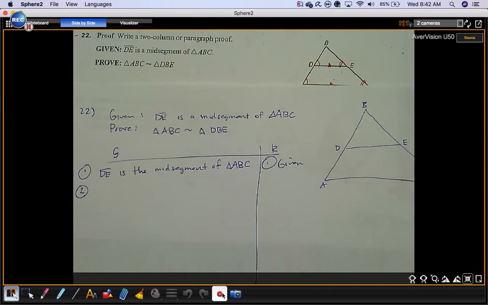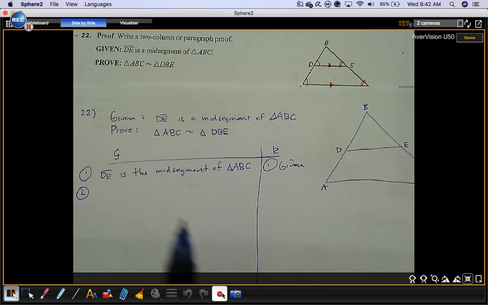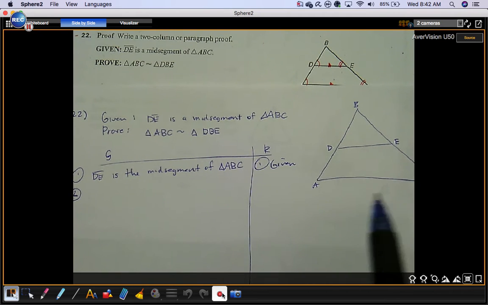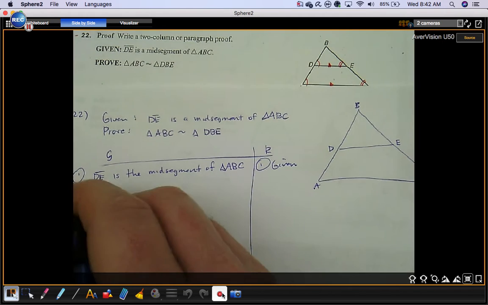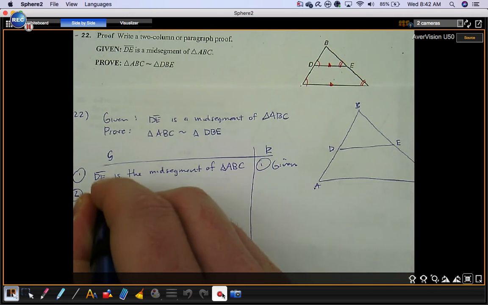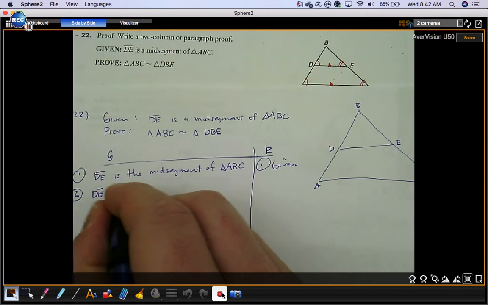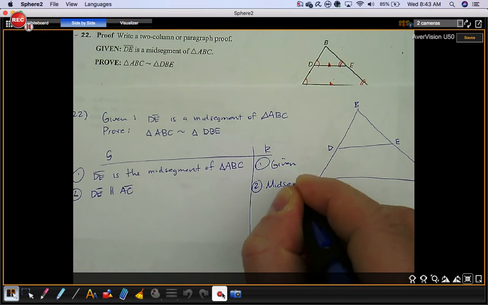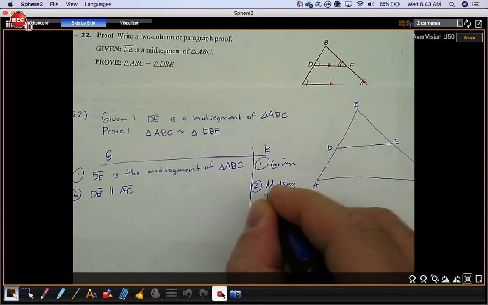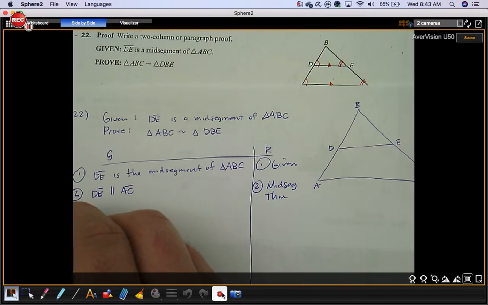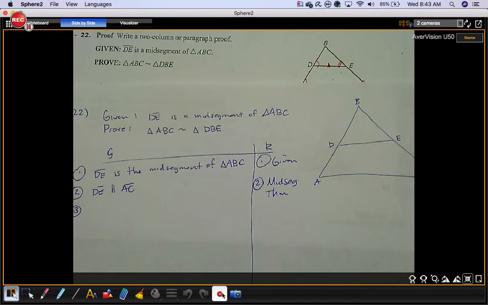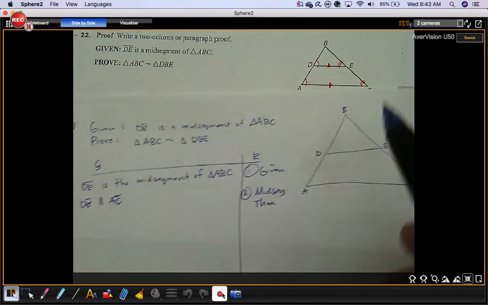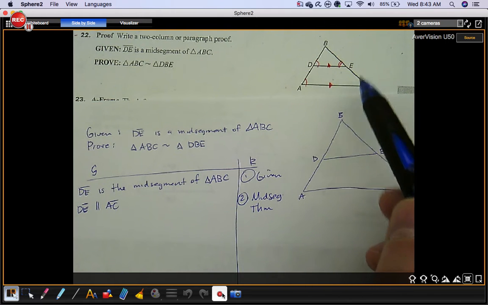So if I was to write it out, we know that's the mid-segment. So we can say that segment DE is parallel to segment AC by the mid-segment theorem. Now, if you have parallel segments, remember what we said, these angles would be congruent.